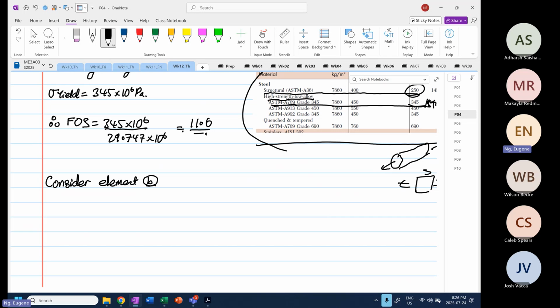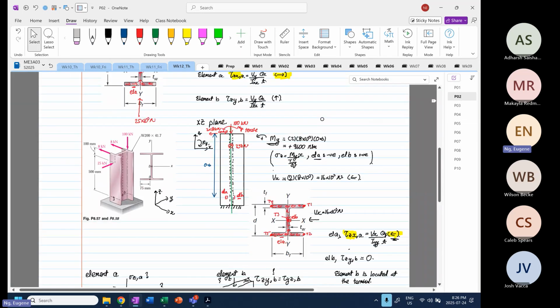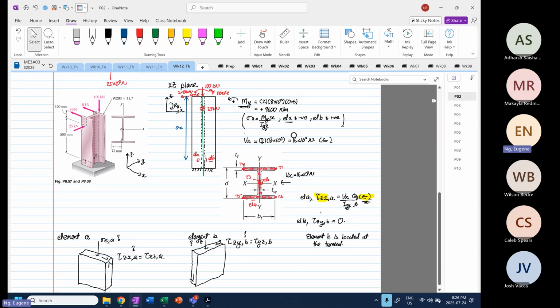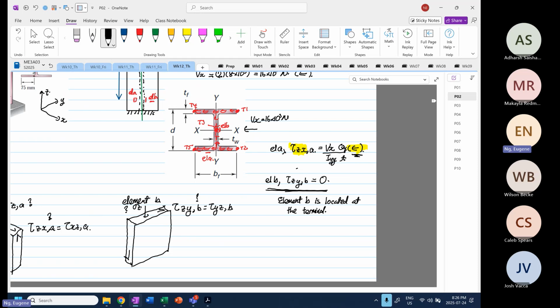Why will element B be quicker? Because for element B, the good news is this. For element B, remember we did an analysis. We know that one of the shears is equal to 0. The shearing stress is what will take the most time. The normal stress, as you can see, is pretty quick. Okay, let's look at element B.